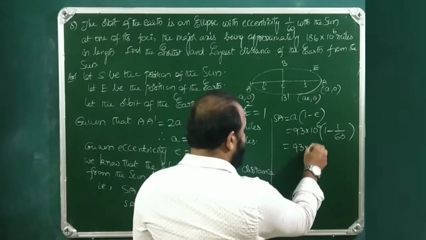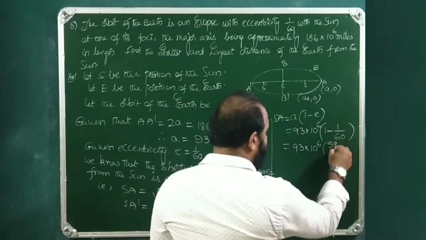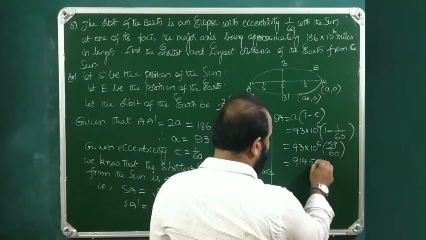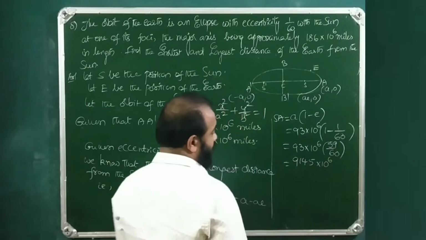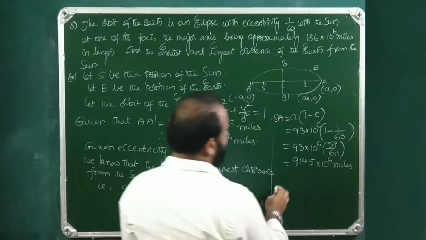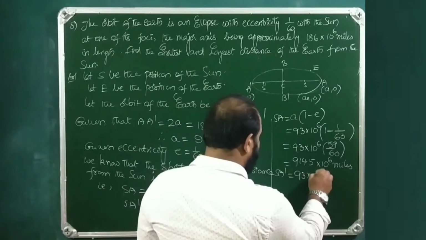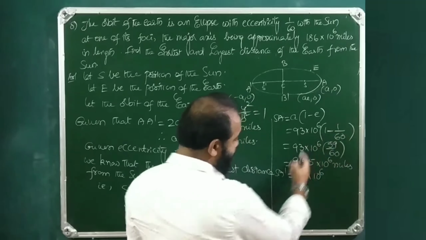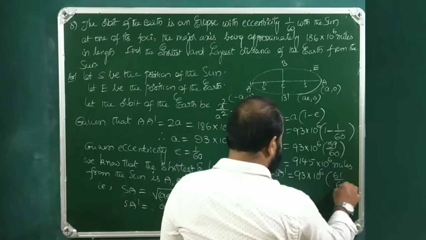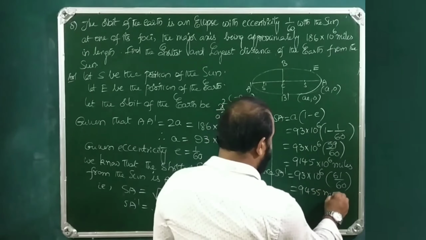So that is 93 into 10 power 6 into 59 by 60, which is 91.45 into 10 power 6 miles. Likewise, SA dash is equal to 93 into 10 power 6 into 1 plus 1 by 60, which is 61 by 60. This is equal to 94.55 million miles.